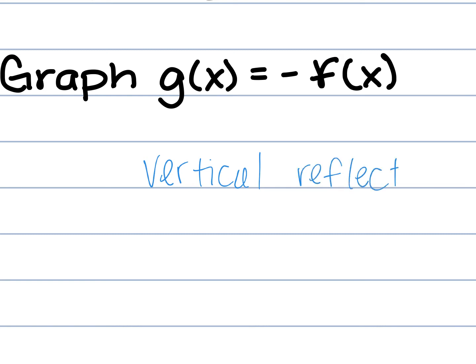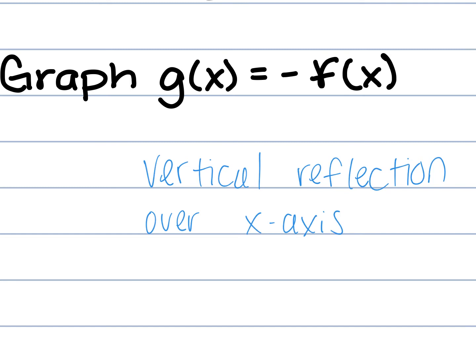Multiplying by -1. Excellent. It's being multiplied by -1. Now comes the tricky part that throws everyone off. If it's a vertical reflection, watch me up here. If I am taking something from top to bottom and reflecting it, what axis am I reflecting it over? The x-axis. Okay?